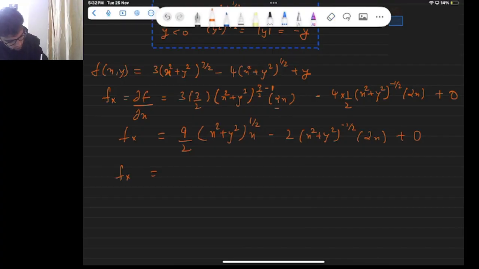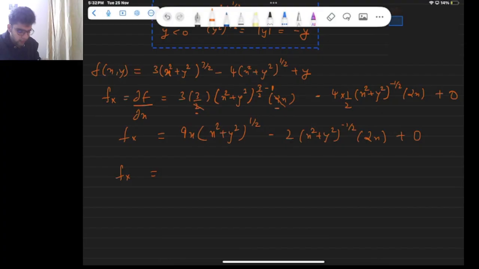So I'll be just striking these two out, right? So I'll be left with 9(x²+y²)^(1/2) - 2(x²+y²)^(-1/2) into 2x plus 0, right? This is after finding the partial derivative.